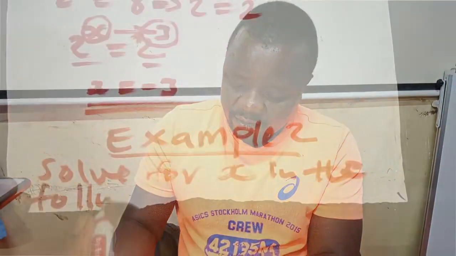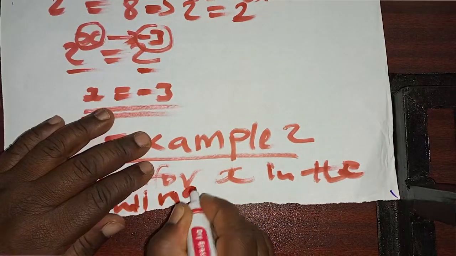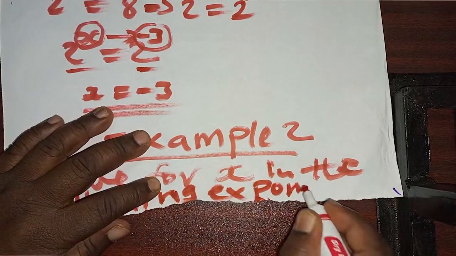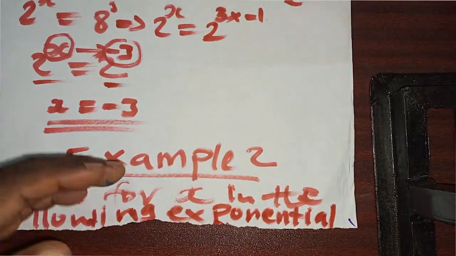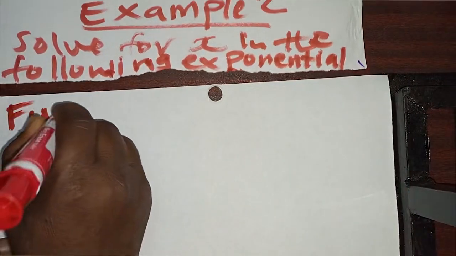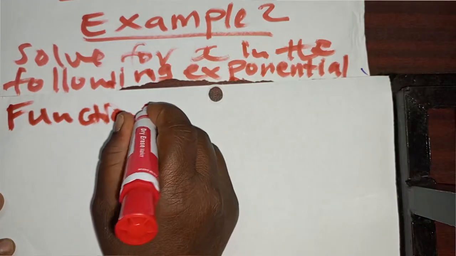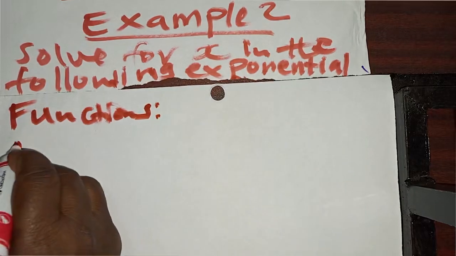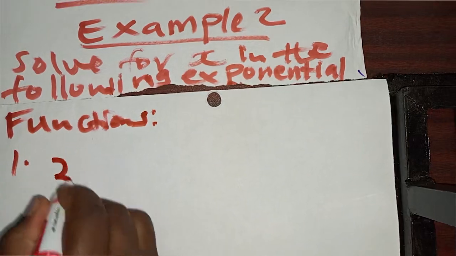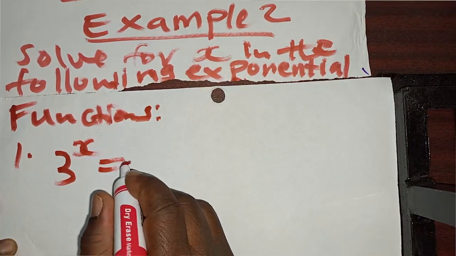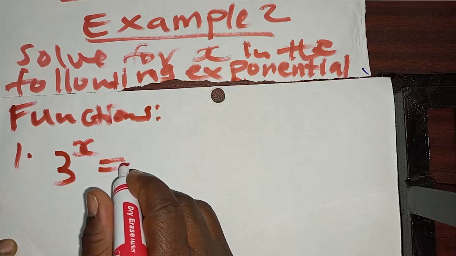Solve for x in the following exponential equations. The first one could be 3 to the power x equals 42.